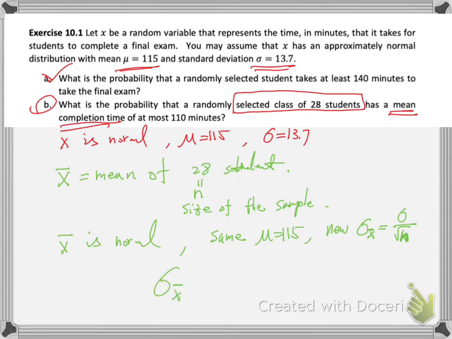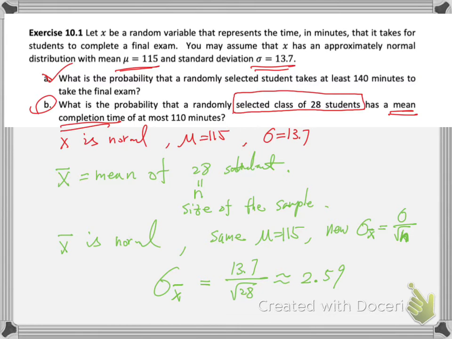Sigma X bar is 13.7 divided by radical 28. So use calculator, you got 2.59. Okay, 2.59. So question A, we change X to Z.